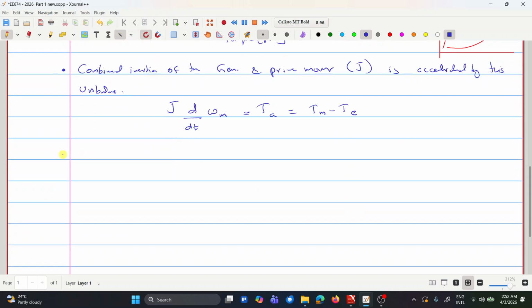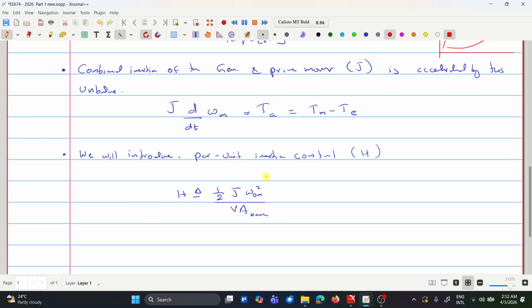To build up our discussion, we will introduce what we call the per unit inertia constant, H. This H is defined as half J omega 0m squared over VA base.